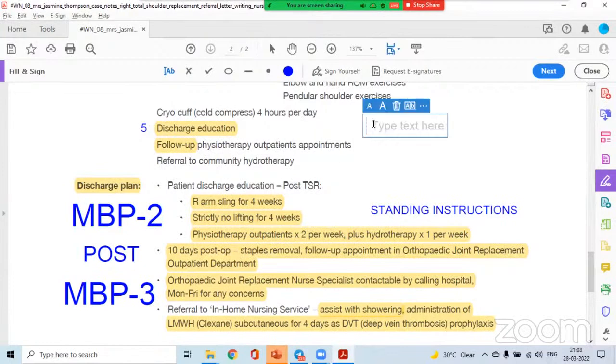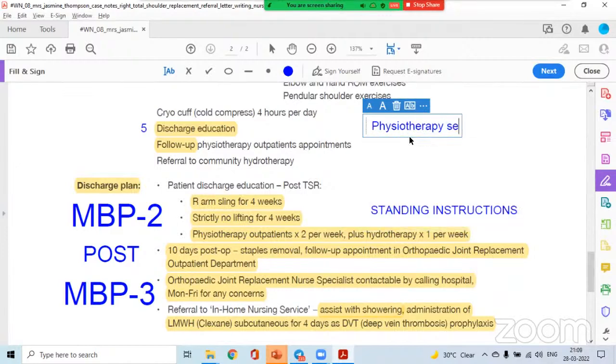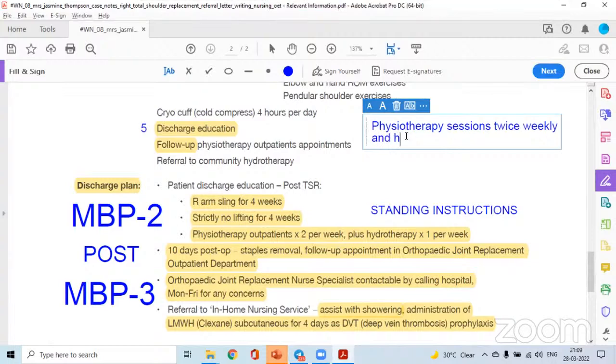So like this you can write: physiotherapy sessions twice weekly as well as hydrotherapy once a week. Now don't write "weekly" again, write "once a week".